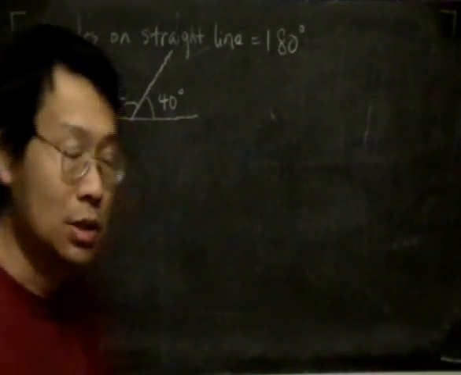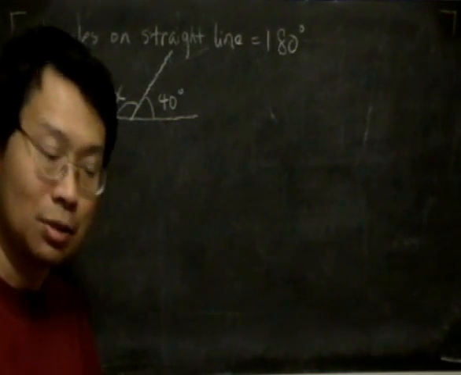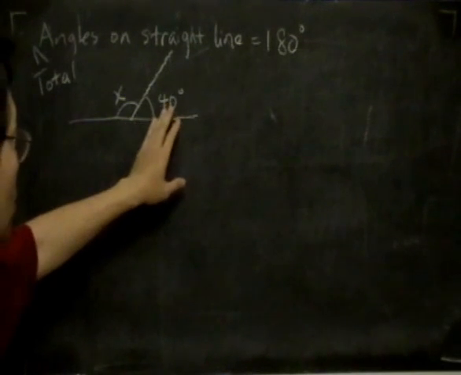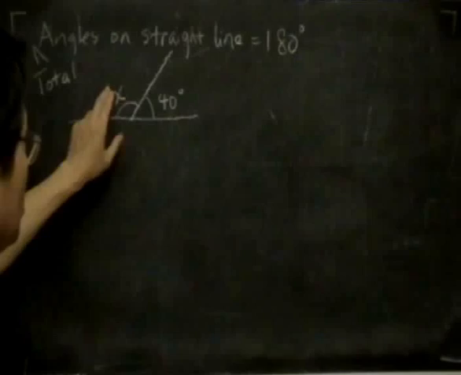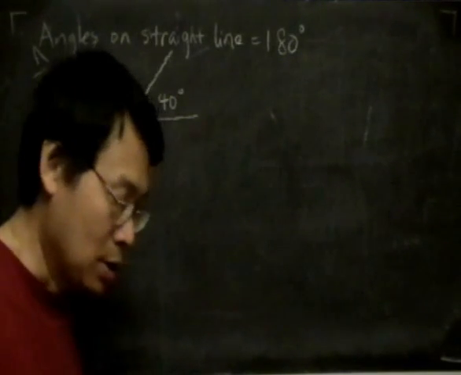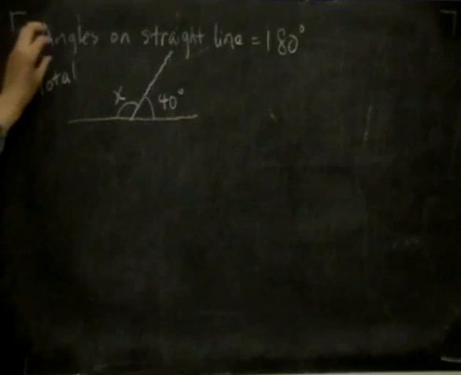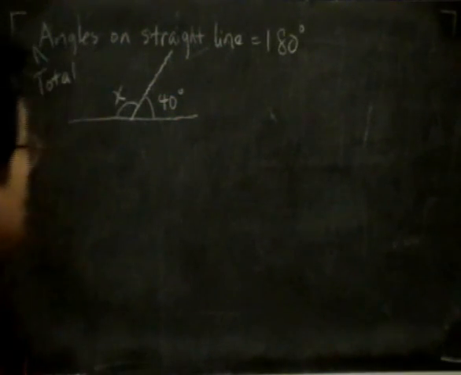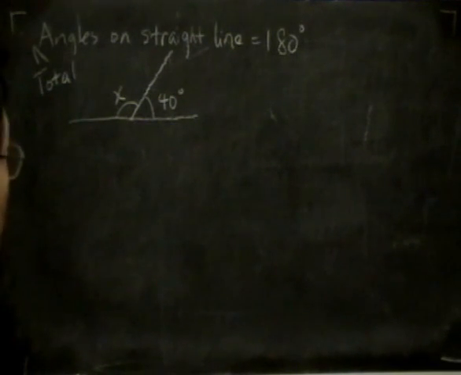So you might see this question with this figure in a paper. And you can find the answer if you know this property, that the total angles on a straight line is 180 degrees.